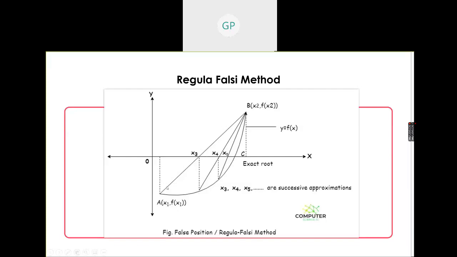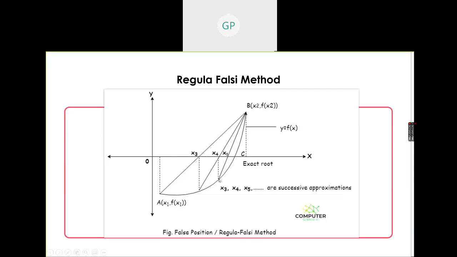So x1 x3 जो portion है वो हम delete करेंगे यहाँ पे and we will draw this line segment again. So you are getting another approximation x4 which is closer to C. Again you find that at x4 the function's value is negative.